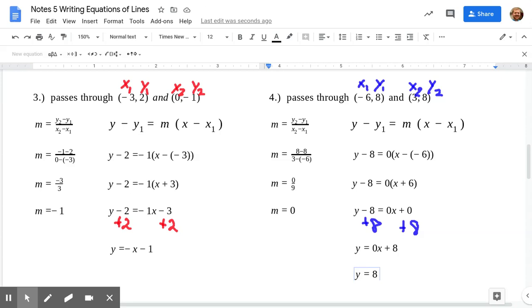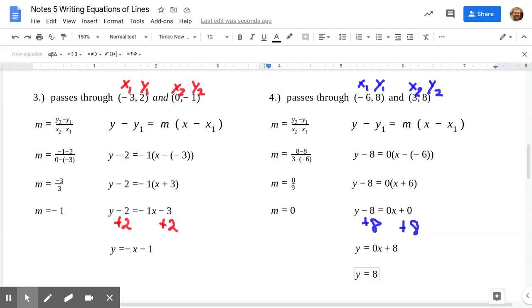And even though the x is missing, we're actually finished. So this is the equation of a line, but it's the equation of a special line. It only uses the letter y, and that is how we write the equation of horizontal lines. And with a horizontal line, the y value is always the same. So for this horizontal line, every point on the line has a y value of 8.